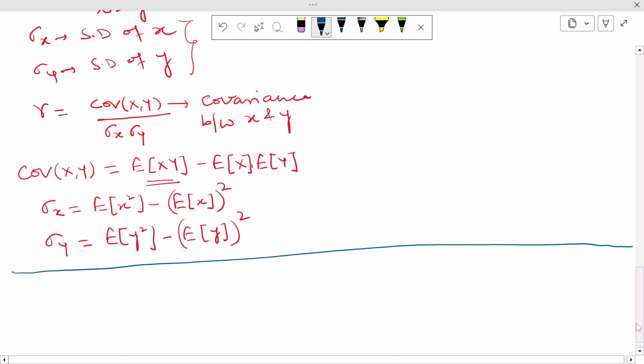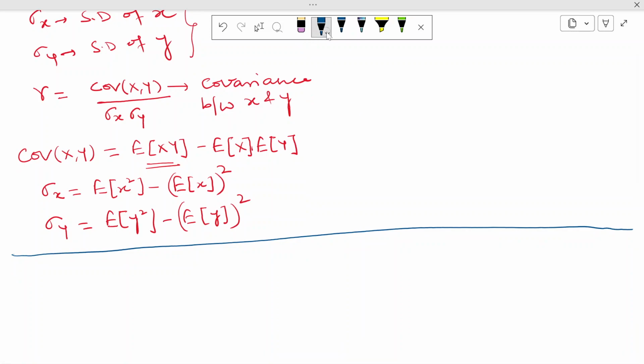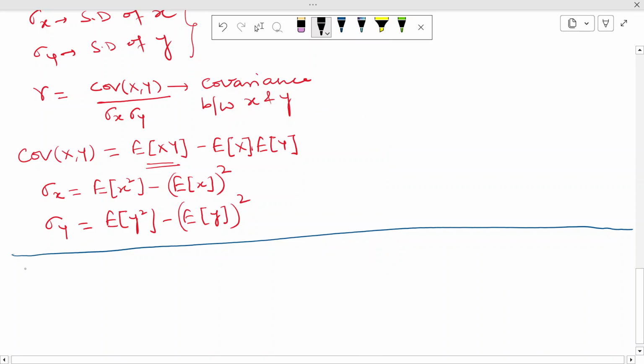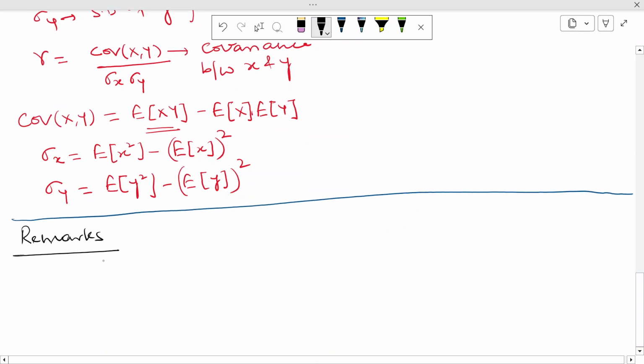Now again I would like to mention certain remarks, or you can say the properties, of these regression lines. To explain these remarks, let us write the regression lines here again.